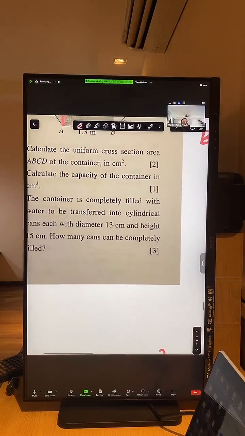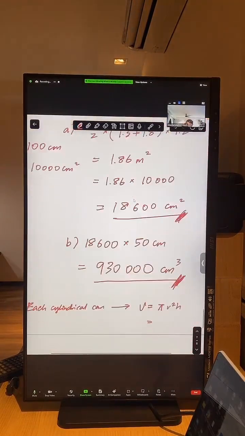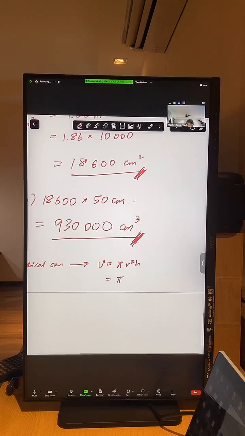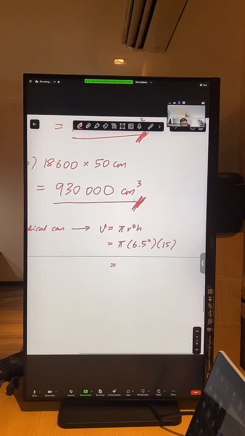The r will be 6.5, the height will be 15. So pi times 6.5 square times 15. The pi we are supposed to take as 3.142. So let's try that out. 3.142 times 6.5 square times 15.